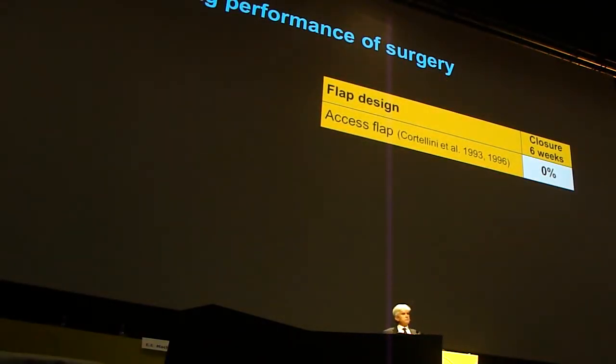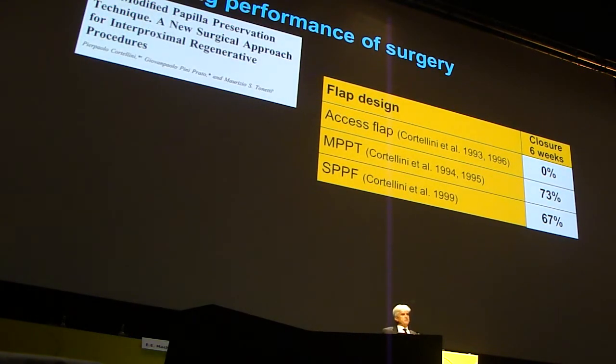Now, this is due, in part at least, to the increasing performance of flap surgery. We started with access flap, the modified Widman flap, in which we had failure of surgery in all of our cases, going through the papilla preservation technique, in which we were able to obtain primary closure on top of the regenerative material in about 70% of the cases.